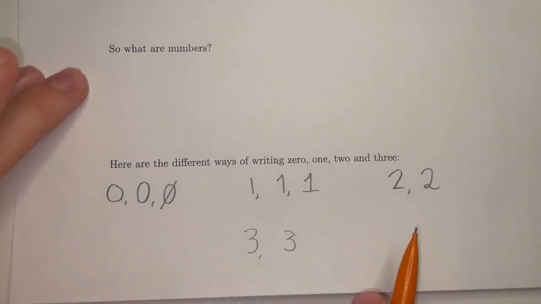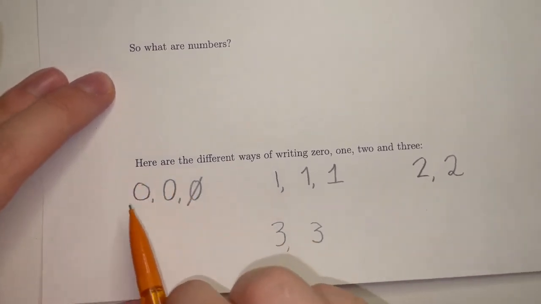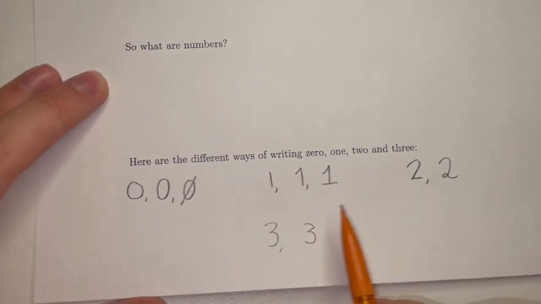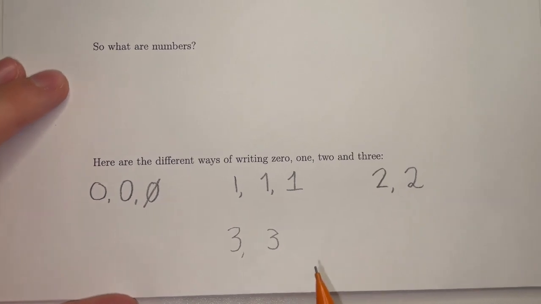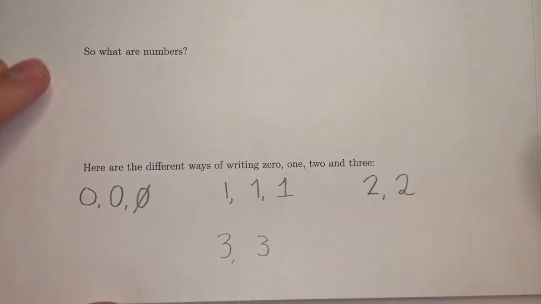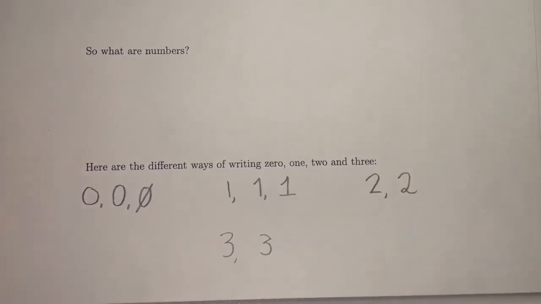And so all of these are the same thing. These are all still 0, these are all still 1, these are all still 2, and these are all still 3. It's just slightly different ways of writing those numbers. And typically it depends on preference.